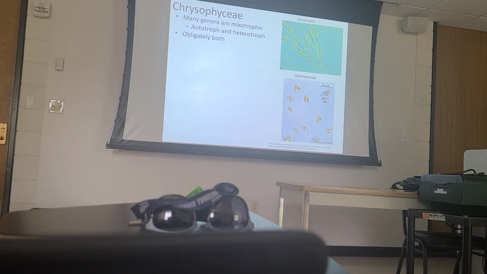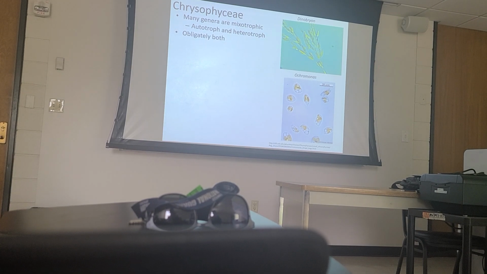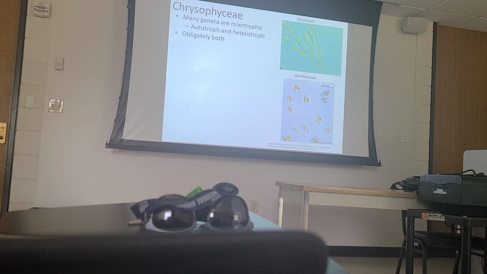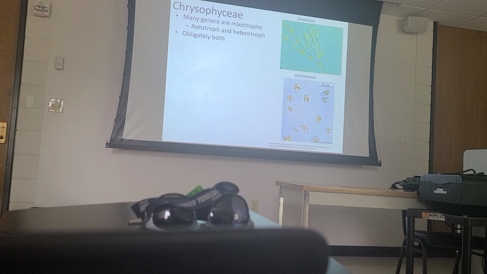and they can eat a lot of bacteria. And some genera are obligately both autotrophic and heterotrophic, so they have to photosynthesize and they have to eat bacteria. They have to do both. So that's obligately both. They're obligated to do both. Or they can be facultatively both.